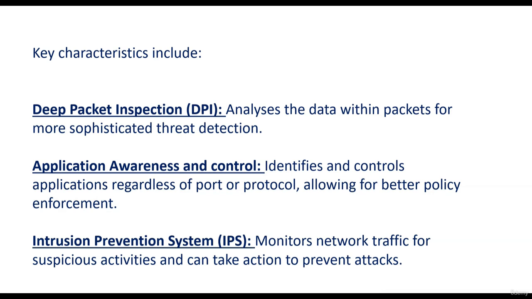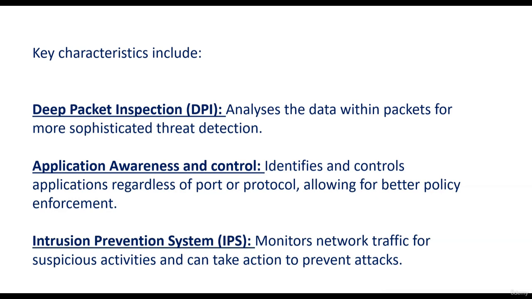See, the legacy firewall only works up to layer 3 and 4, right? But here it analyzes the data that's within a packet also, to understand whether there is any threat passing in that packet. All right, fine. So application awareness and control, this is also very important.